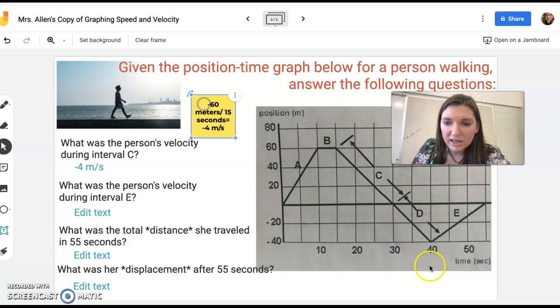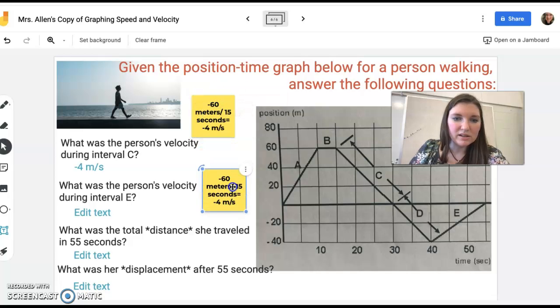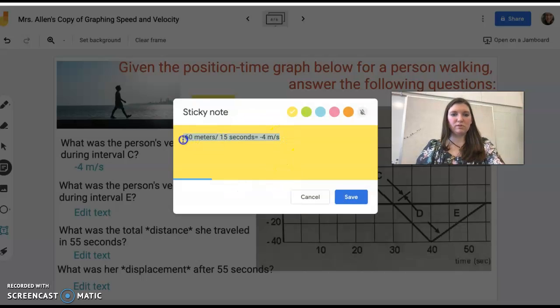During interval E, I see that she's also traveling for 15 seconds here. So there's 3 chunks. And it looks like she's going from negative 40 up to 0. So that's going to be moving by positive 40 there. Let me show you what I did there.